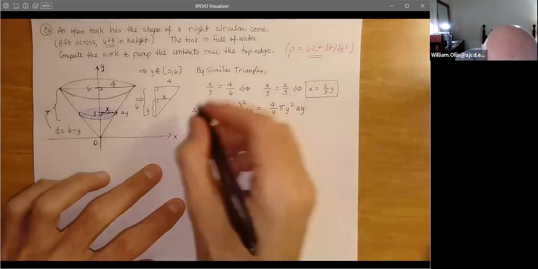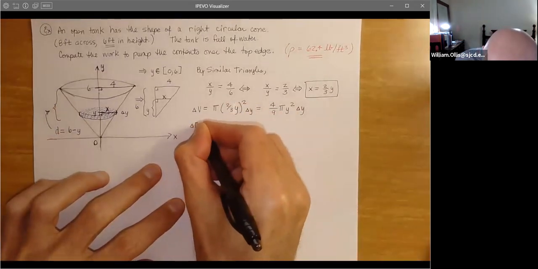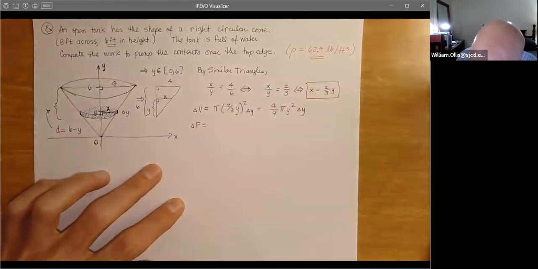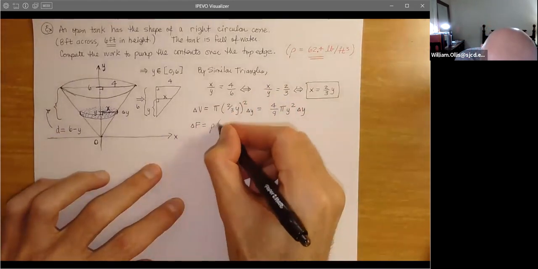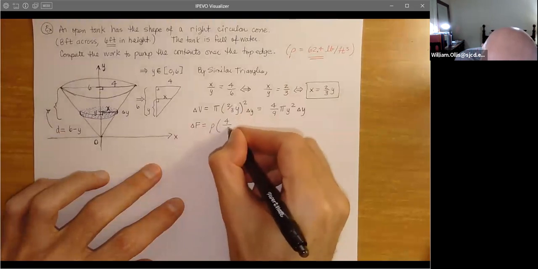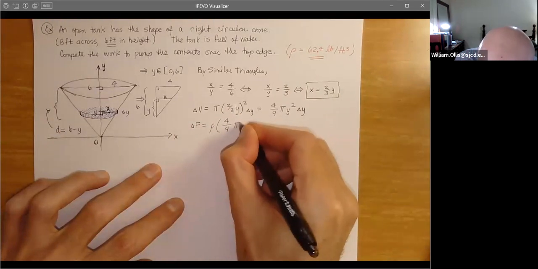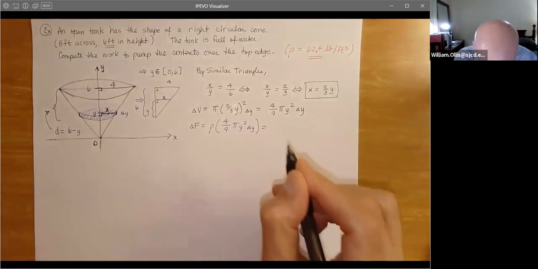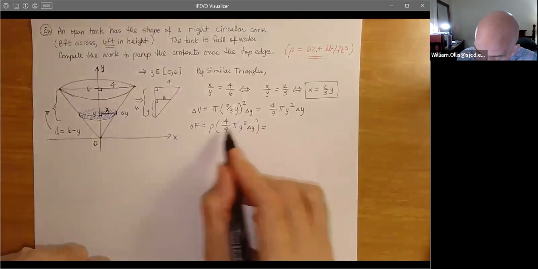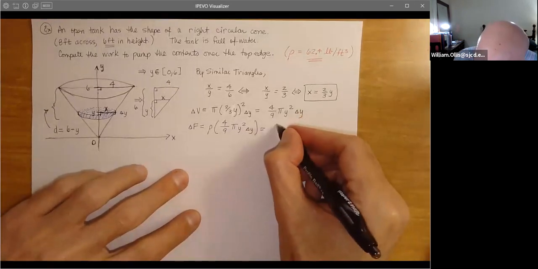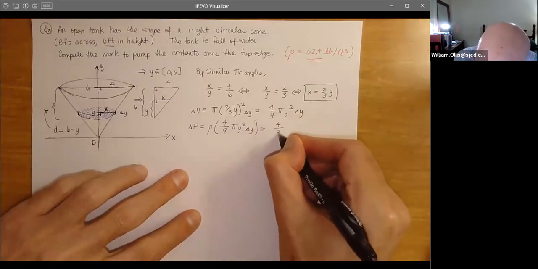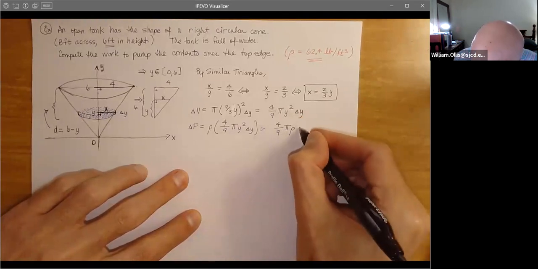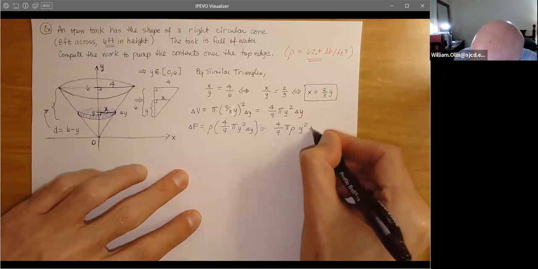And so now the force will just be the weight density times the volume. So we get rho 4/9 pi y squared delta y. So if you like, just go ahead and rearrange this a little bit. We'll have 4/9 pi times rho y squared delta y.